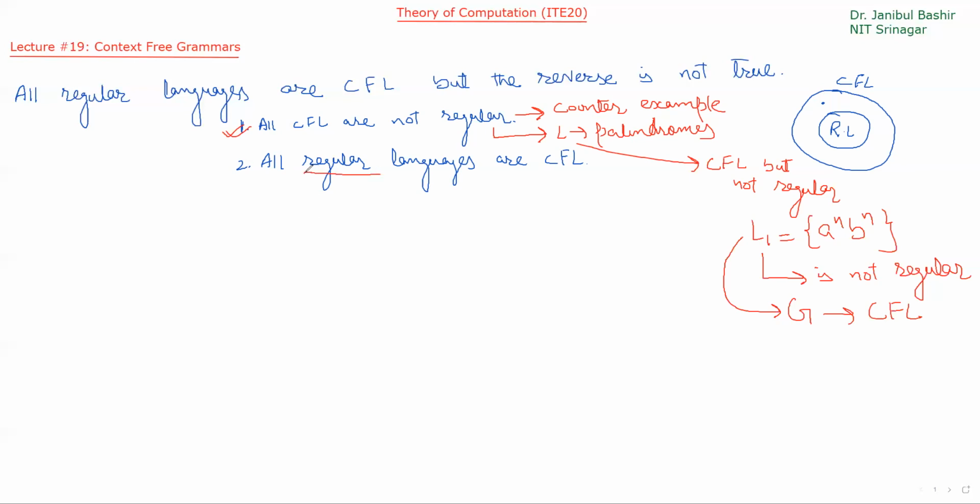We know a regular language is a language for which there exists a regular expression, or we can say for which there exists a regular grammar. And what is a regular grammar?